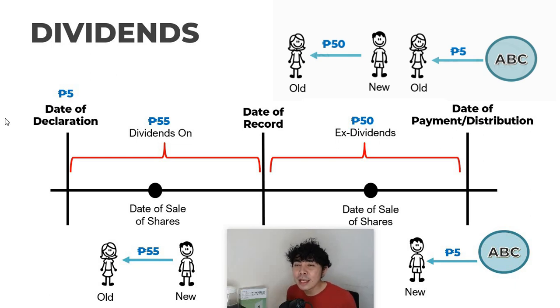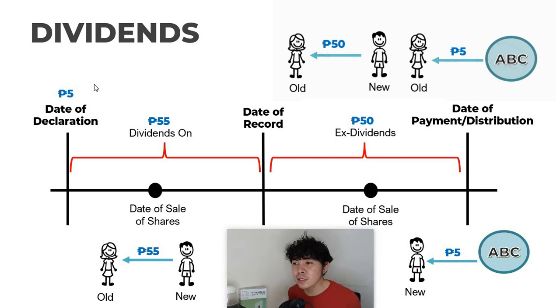So for example, nagkaroon ng declaration na 5 pesos per share. Tapos, ang sabi niya rito, binenta daw ng old shareholder yung shares of stocks sa new shareholder. Tapos, ang binayad ng new shareholder is 55 pesos, which is dividends on, which includes the dividend of 5 pesos per share. Kaya pagdating ng date of payment, kapag payment na ng dividendo, ang makaka-receive na ng 5 pesos per share is yung bagong shareholder kasi nga, siya na yung shareholder as part of the stock registry as of date of record.